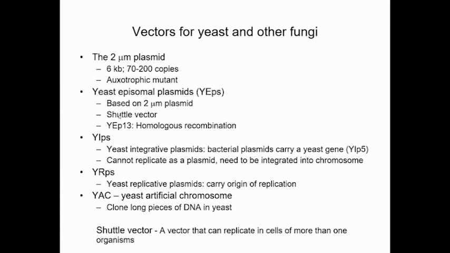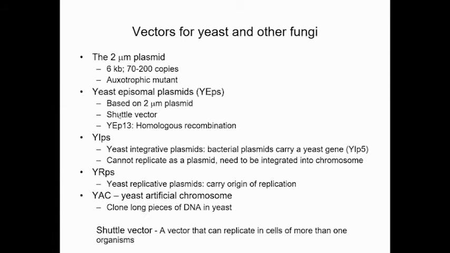Okay, and then another type of vector is YIPs. It's yeast integrated plasmid. This bacterial plasmid carries a yeast gene. It cannot replicate as a plasmid and needs to be integrated into the chromosome. That's YIP. And then YRP, that's yeast replicating plasmid that carries the origin of replication.